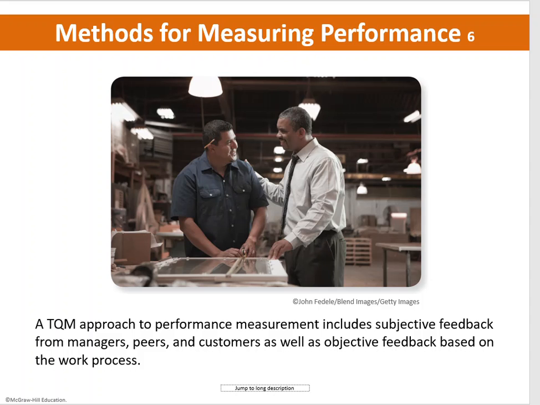So a TQM, or Total Quality Management, approach to performance measurement includes subjective feedback from managers, peers, and customers, as well as objective feedback based on the process. So what's the difference between subjective and objective? Objective means that I'm not taking any biases, or I'm using numbers to calculate something.